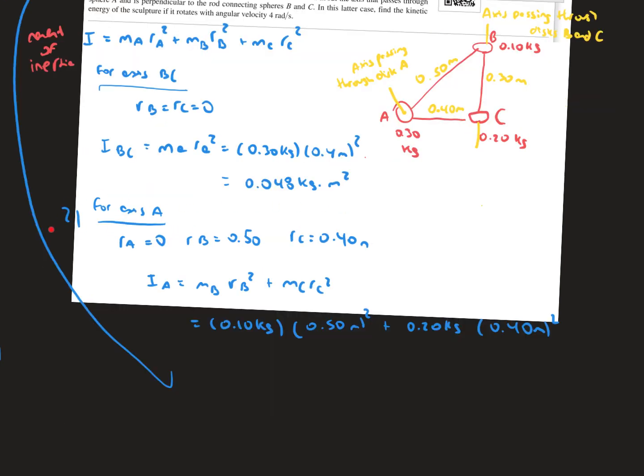But for the axis of A, only the radius of A is going to be equal to 0. We do have values for the radius of B, which is 0.50, and the radius of C, which is 0.40. So we will use these two to find the moment of inertia in the general equation shown here.